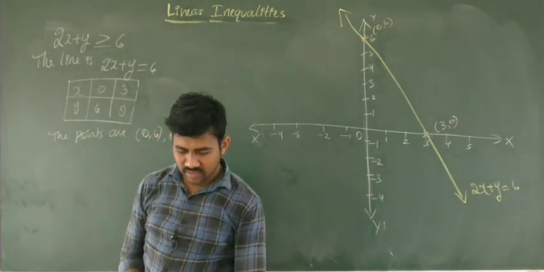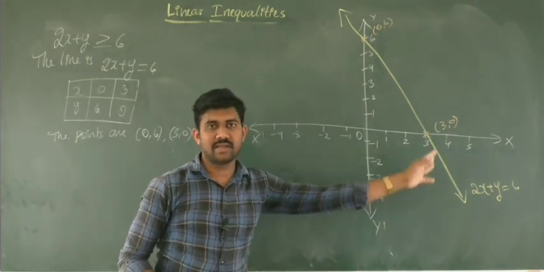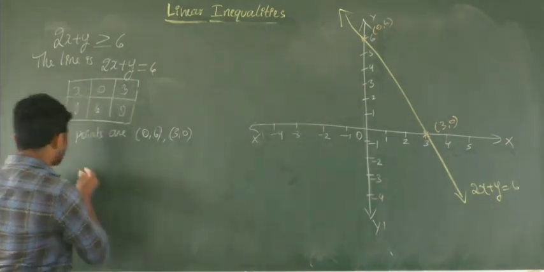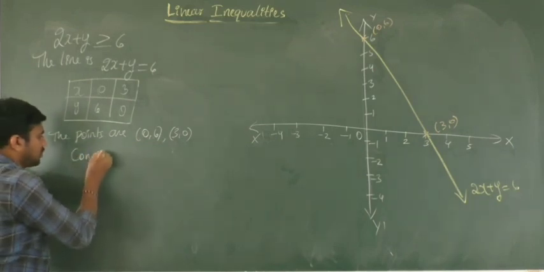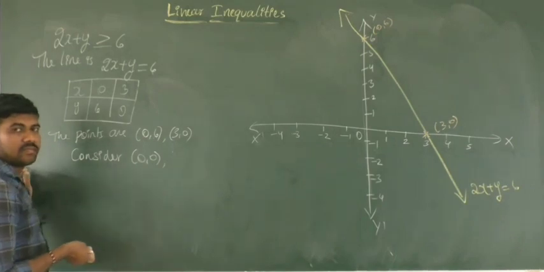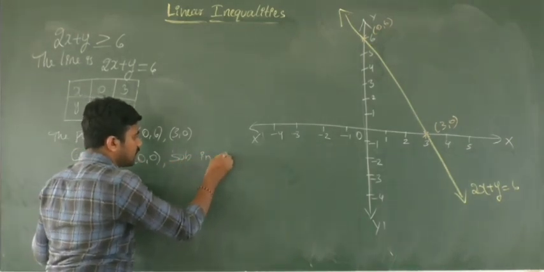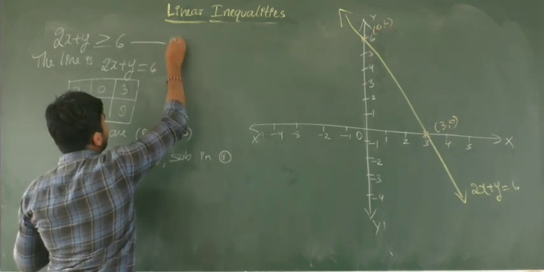So after that, again you can observe here, origin does not lie on this line. So consider origin and substitute in the given inequality.